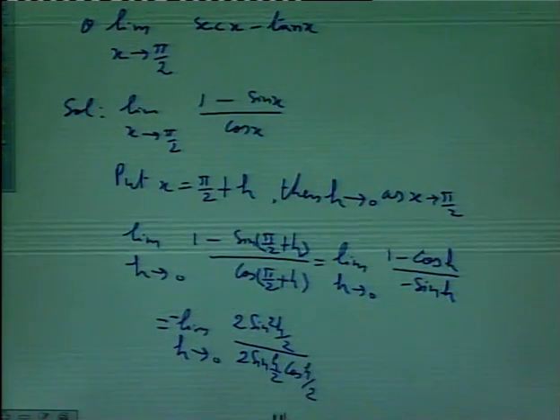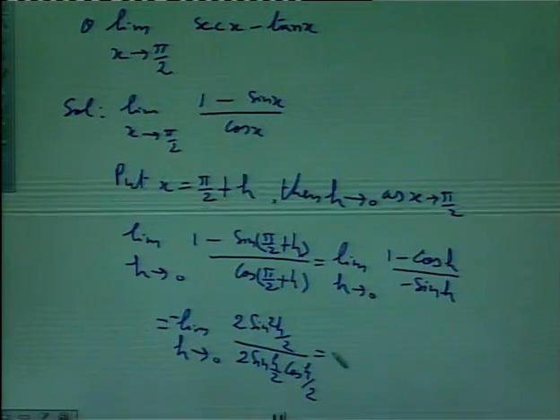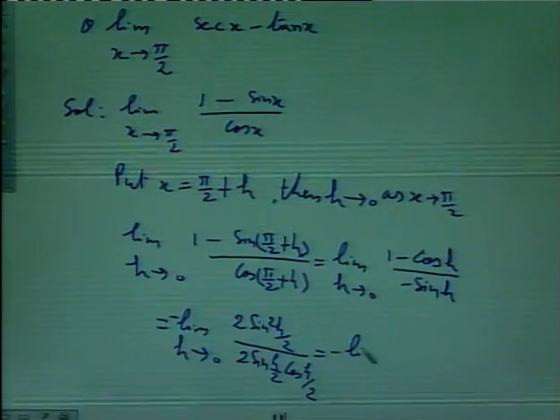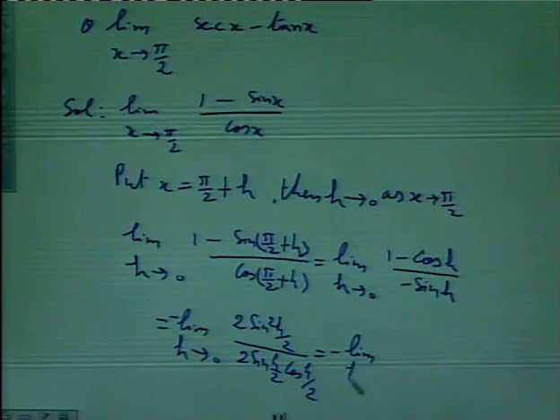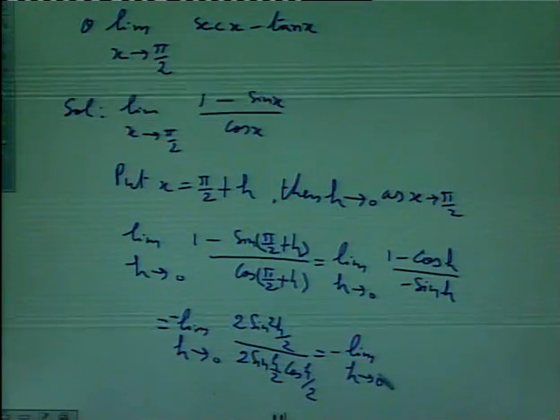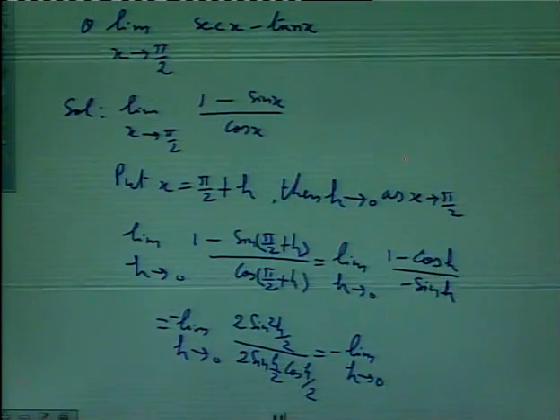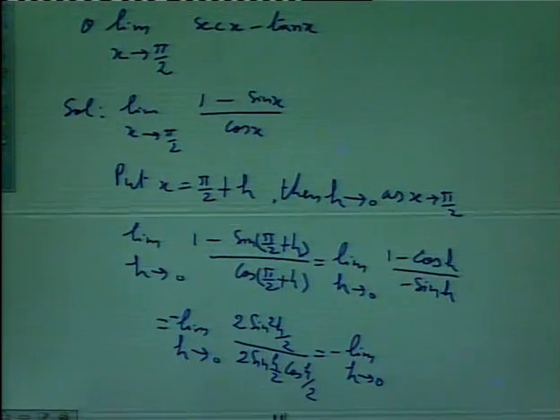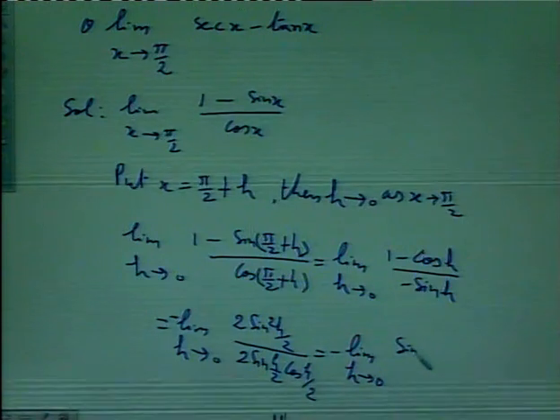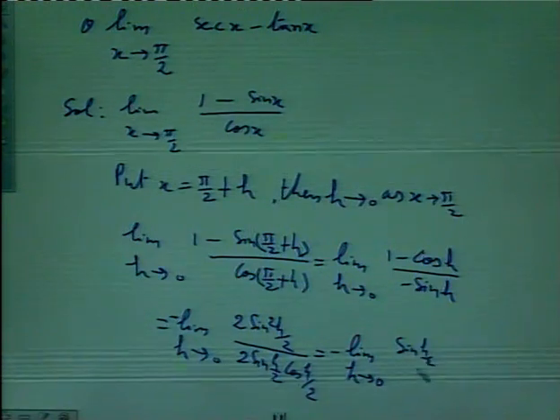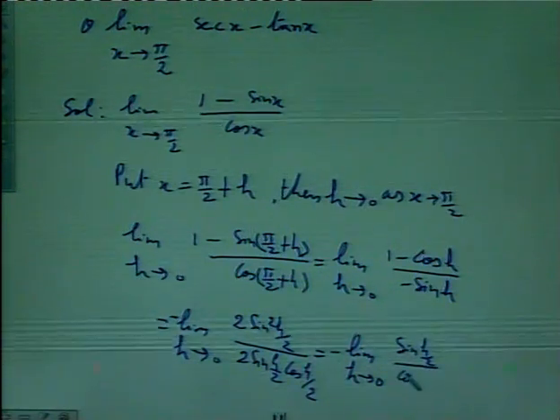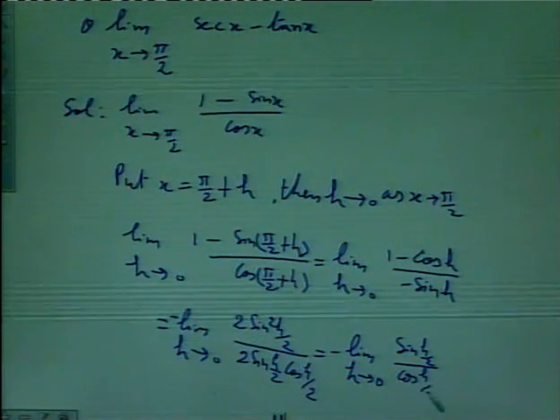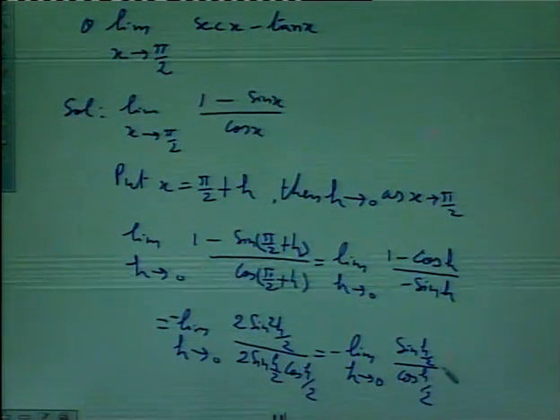Now, 2 is cancelling with 2, and sin h by 2 is cancelling. So, we are left with 1, sin h upon 2 upon cos h upon 2.